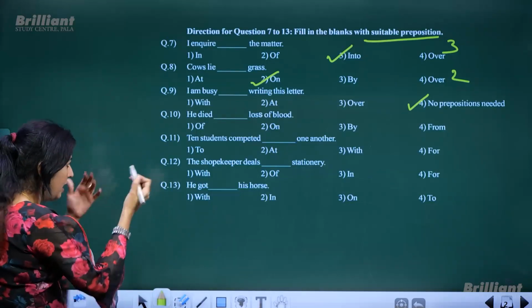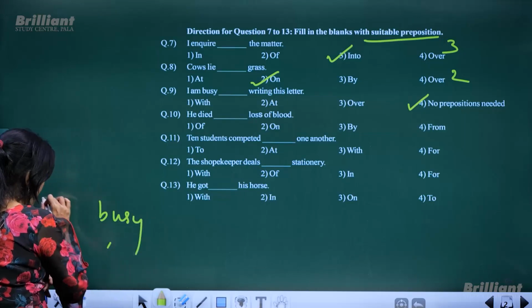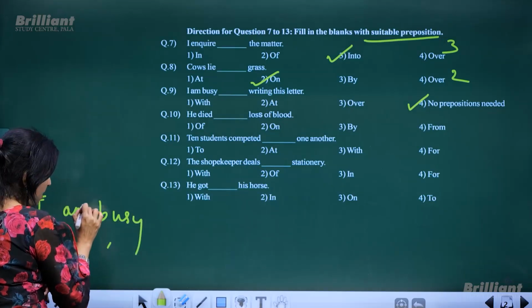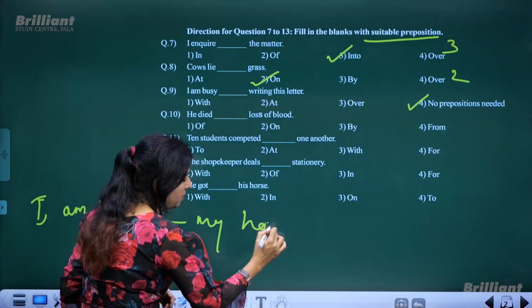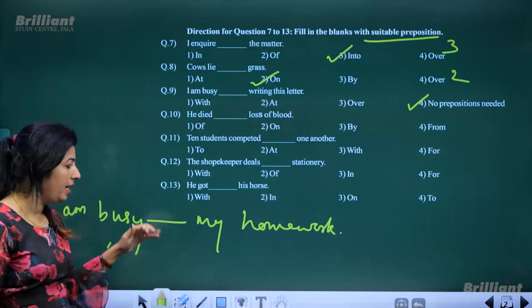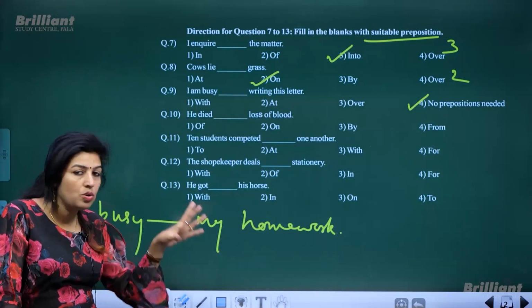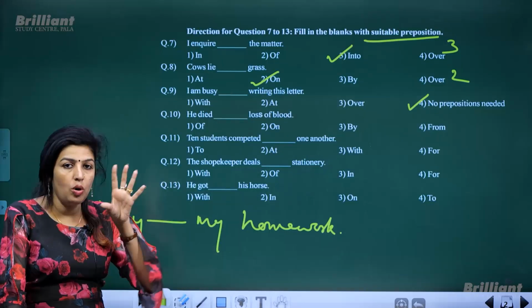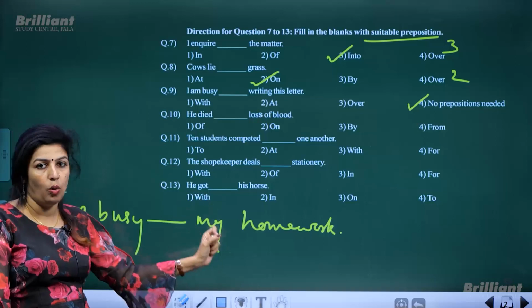So I'll give you another sentence: I am busy dash my homework. Here there is no verb, and also no ing of the verb. So in such blanks you can use I'm busy with my homework.